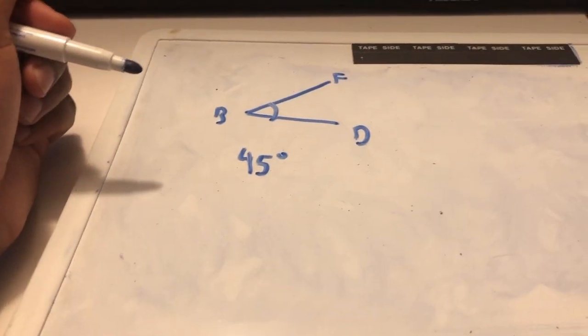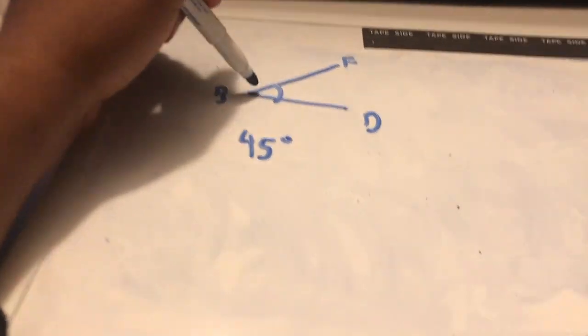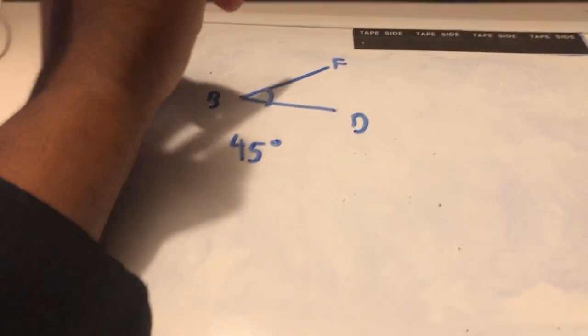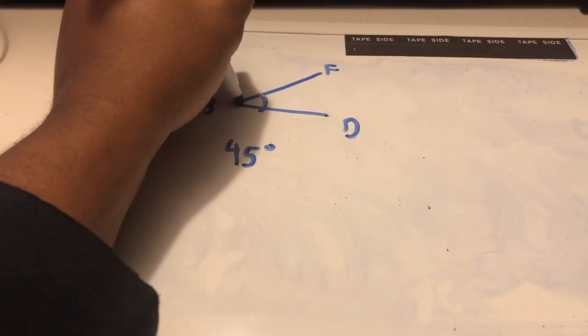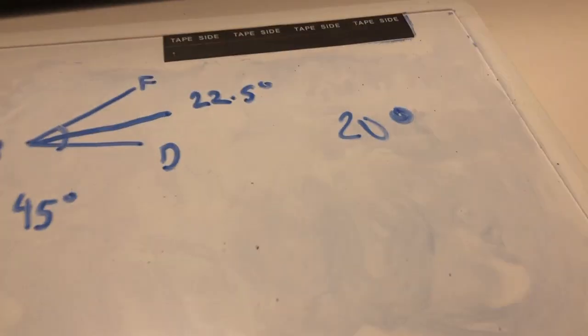Except this time we're not looking for 22.5 degrees. We're not looking for halfway in. We're looking for a 20-degree angle. Well, we can still use the halfway mark. So this is 22.5 degrees, and we're looking for a 20-degree angle.